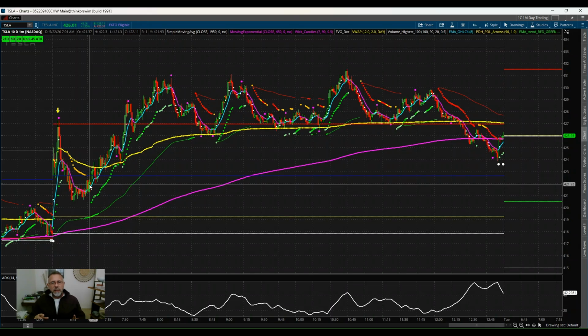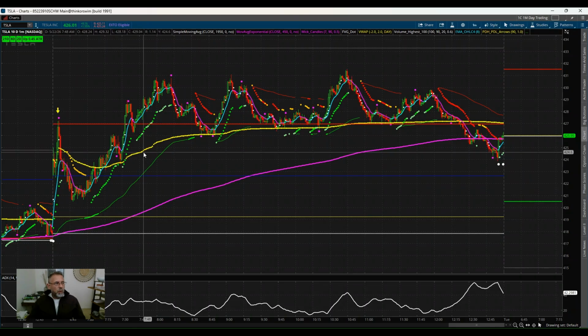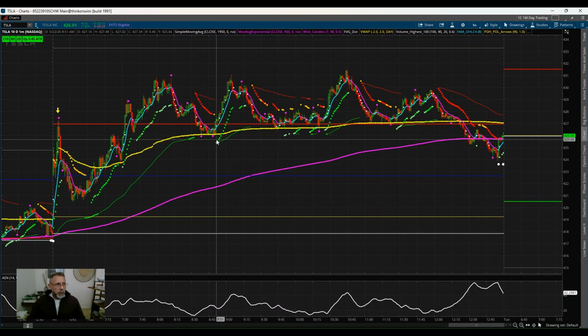If you're above that line, it's bullish. If you're below that line, it's bearish. I don't have it displayed because you don't need to see it, but the green dots and the red dots show the candles. Basically, if you're just trading long, if you're long every time the green dots appear, you're going to be on the right side of the market. It just follows these candles incredibly well. So that's something to look out for as well.